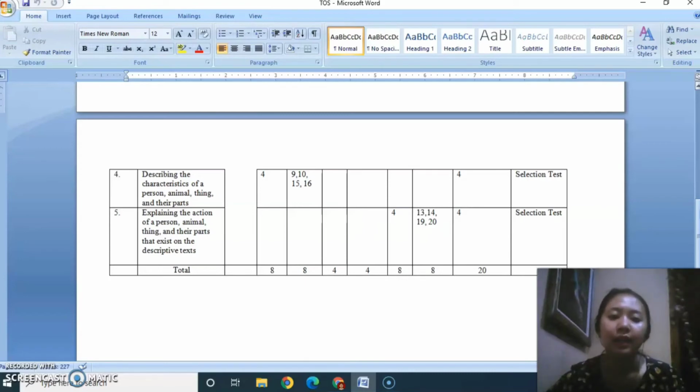The total items of this objective is 4, which will be test number 13, 14, 19, and 20. And the type of the test is also selection test or multiple choice. So the total items of the objectives for number 1 until number 5 is 20.